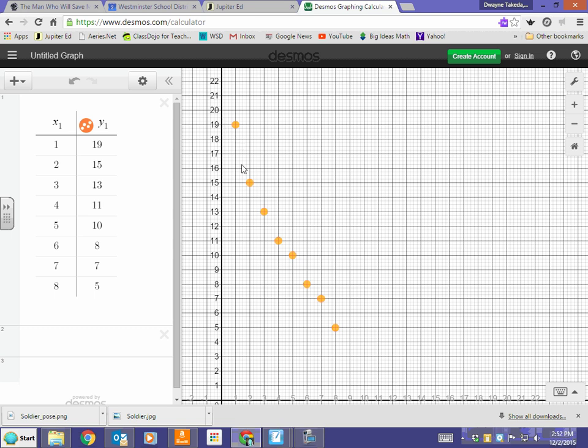Since I can't draw on this to show you the line, I've already pre-prepared this. I'm going to go back to the other software and we'll put a line on it and see what we get. But that's how you're going to create a table and a scatter plot using your Desmos graphing calculator. Pretty easy. Again, under the plus add item, add your data table, put in your data, and it draws it for you.